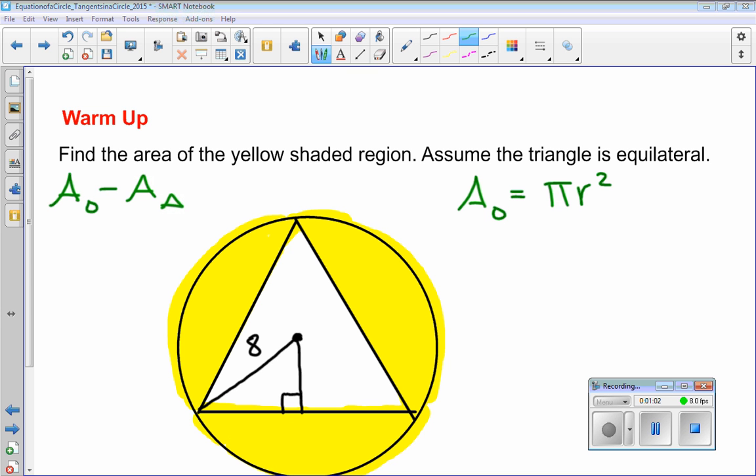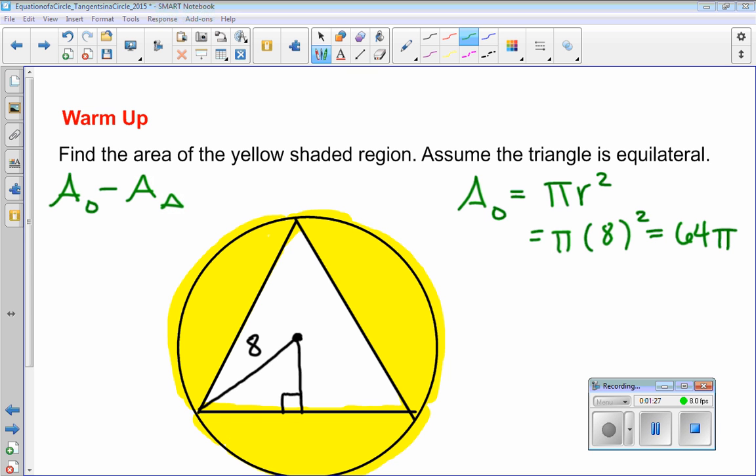Am I given either pi or the radius? Well, pi is always the same number, isn't it? So the radius, am I given that? It is 8. Even though it's a radius of the triangle, because it's inscribed inside the circle, it's also the radius of the circle. And so we can leave it in terms of pi, and that's just 64 pi. We good so far? Area of the circle.